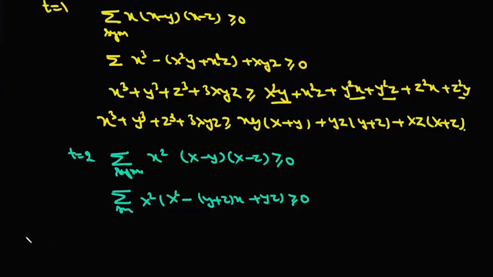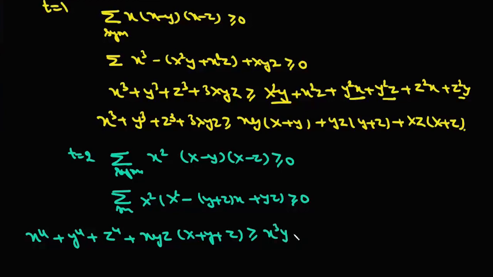And if we simplify this, we can write x to the power 4 plus y to the power 4 plus z to the power 4 plus xyz into (x plus y plus z) will be greater than or equal to x cube y plus x cube z, y cube z plus y cube x plus z cube y plus z cube x.